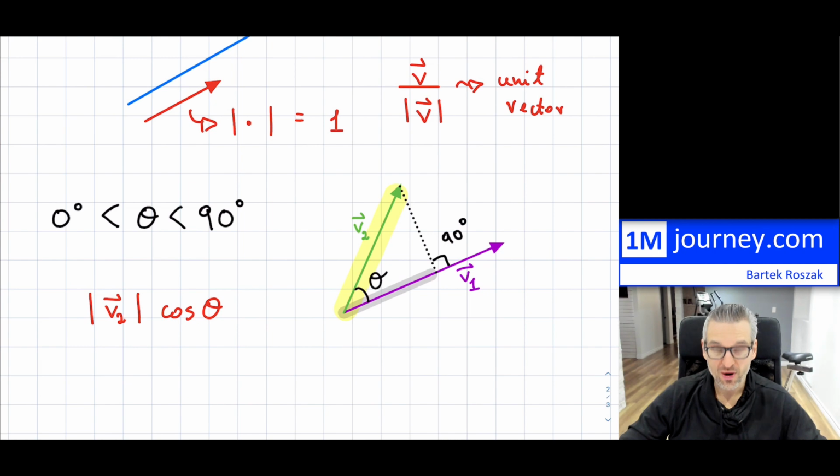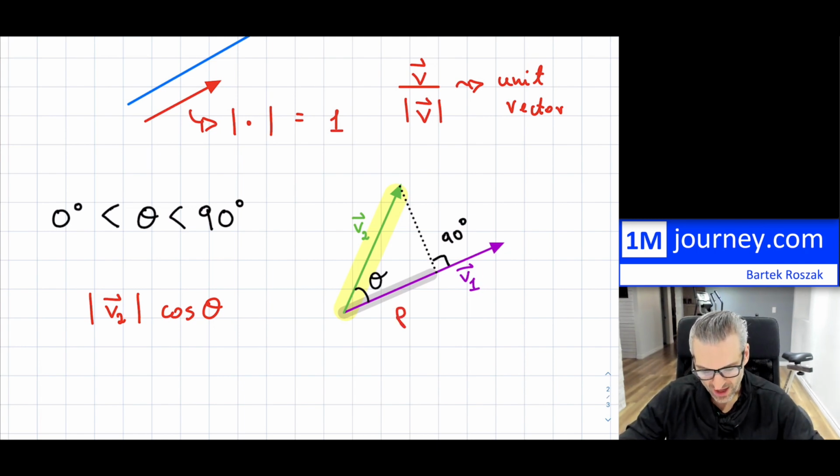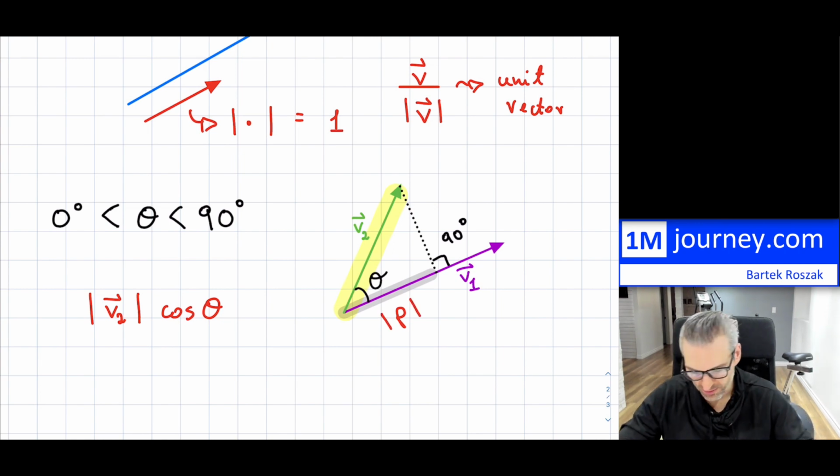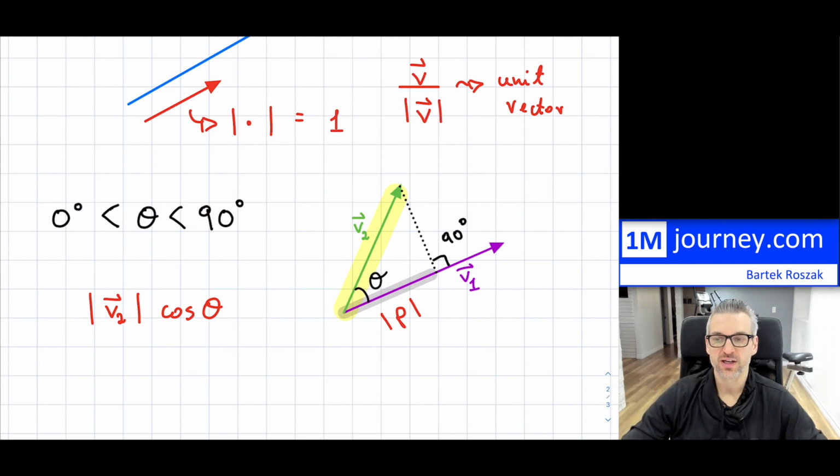And that's not surprising, right? Let me call that particular shadow P, just for projection, and I'm going to put the absolute values around it. That's how we would find it, right? Because cos of the angle is nothing else but adjacent over hypotenuse.